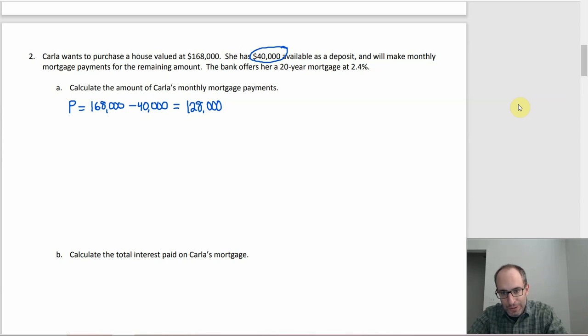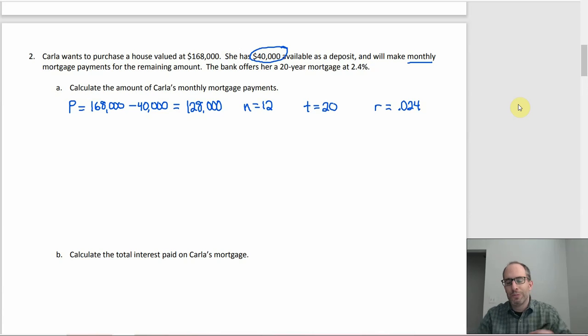All right, so right there, we know that N is 12, and then it's a 20-year mortgage. If I'm not having commas, I'm just spacing stuff, I'll just keep doing that. So T is 20, and then R is 0.024, right? Convert that 2.4% into decimal form.